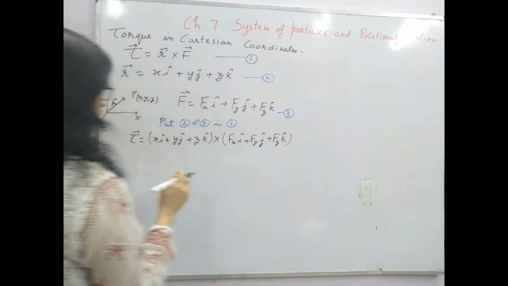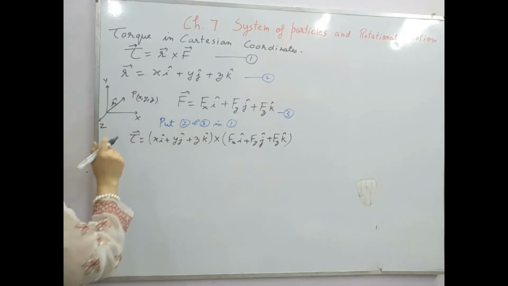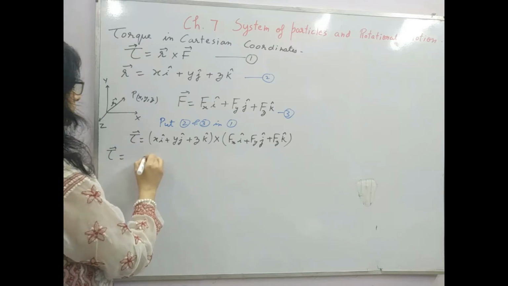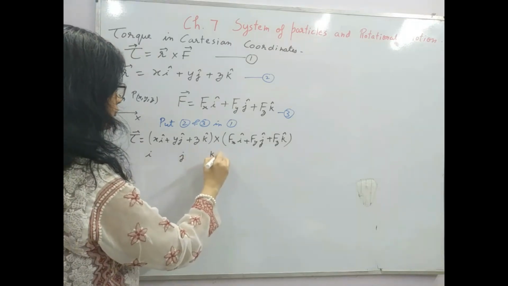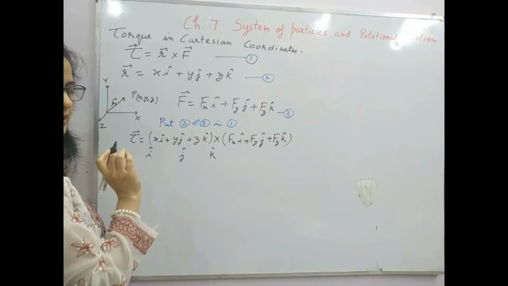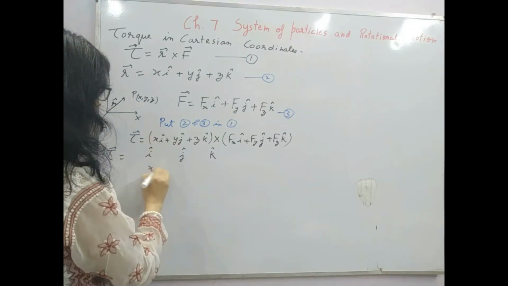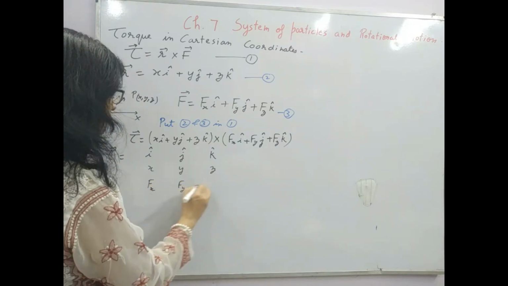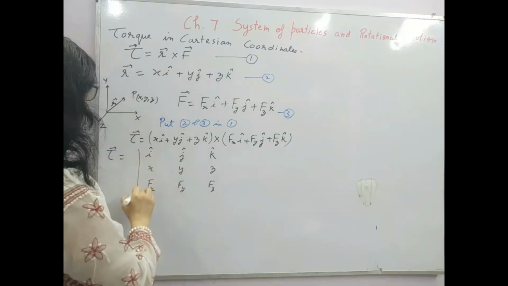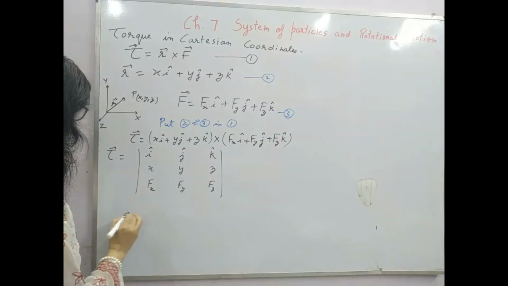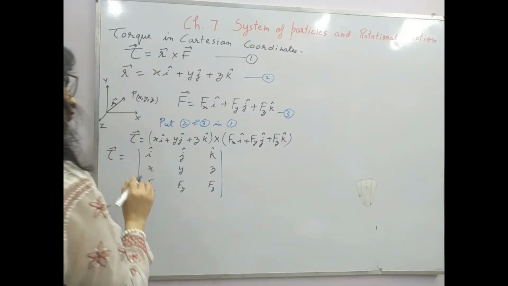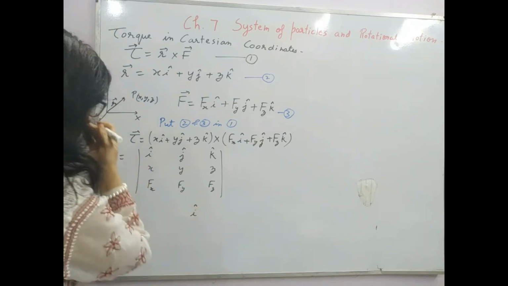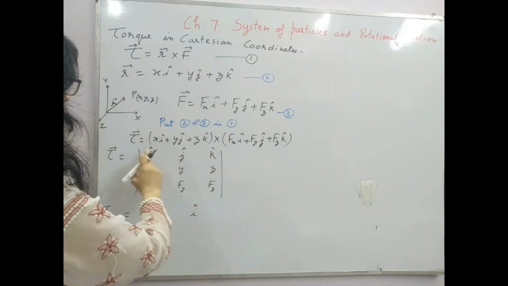If you recall the basic formula for the cross product, how will you find that cross product? So this can be written as i, j, k. If you remember the cross product which we studied in chapter 4, so this gives me x, y, z, and here I'll write Fx, Fy, Fz, right? From here I'll have to find the cross product, so you know the basic concept. I'm not taking it in detail. So for i cap, I'll leave this row and this column.